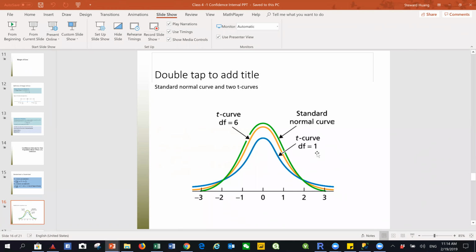Now, a story about the T distribution. If you click on the link here, which I will send to you all along with these PowerPoints, you will see that the T distribution was first used by a man called William Gosset, who worked for the Guinness Beer Company in Dublin, Ireland.